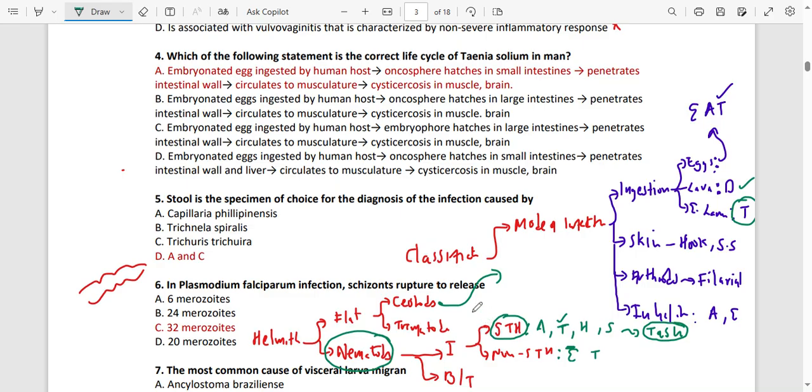And then they are divided. You are going to have the head, which we call the scolex, the neck, and then the strobilus. The strobilus is like the entire tail.